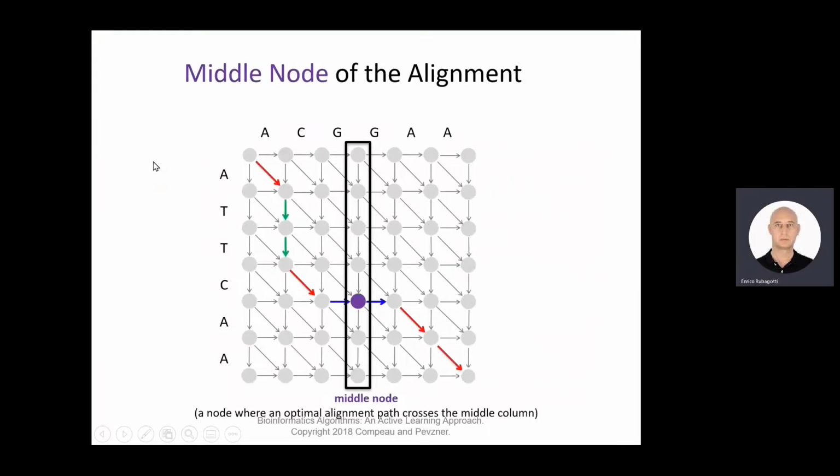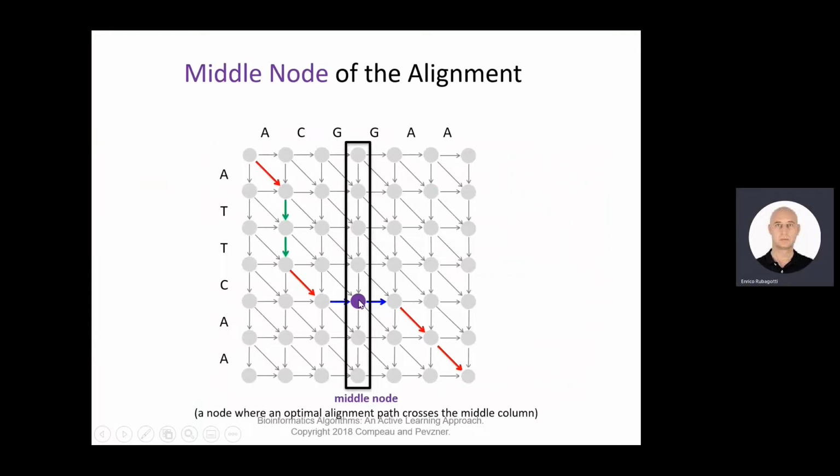Imagine that we are able to know that this point, the violet one, is the one in the middle. What do I mean by the middle? In the middle column. Here we have 7 columns, and the fourth one is the middle one.